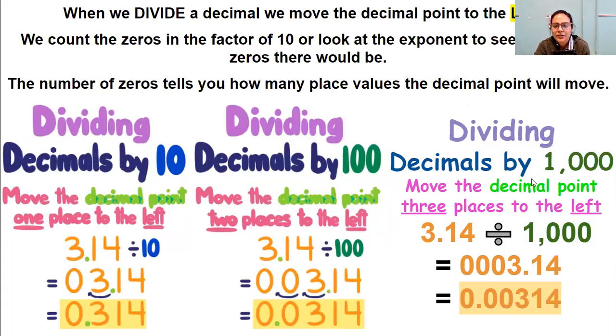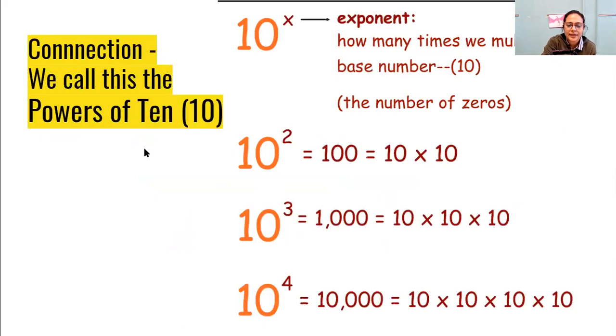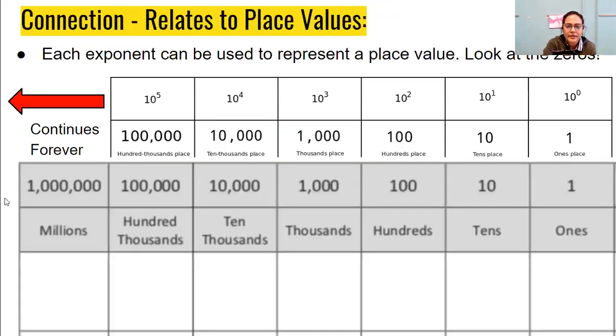And I just want to remind you this. Remember when we were dividing decimals, how we move the decimal point depending how many times we multiply by 10, right? It's the same concept as this.